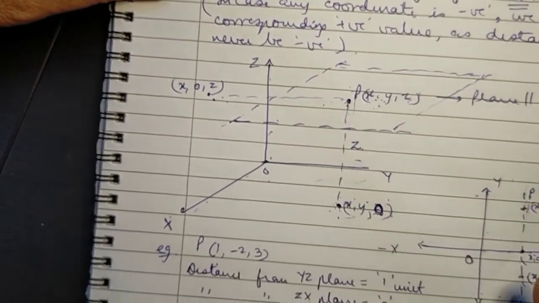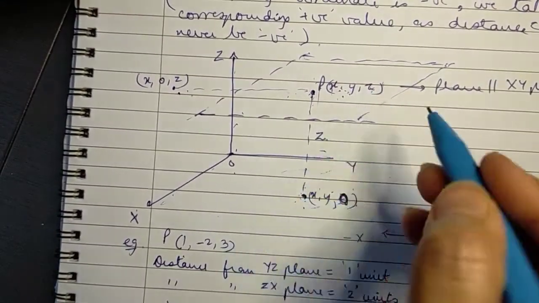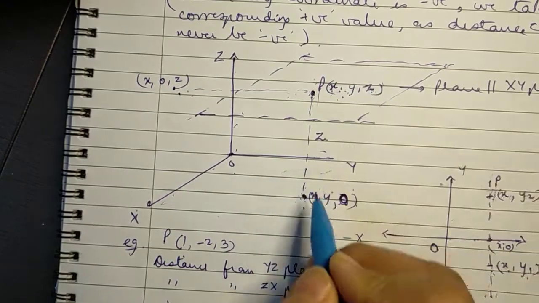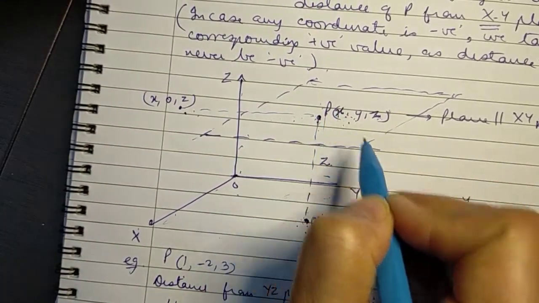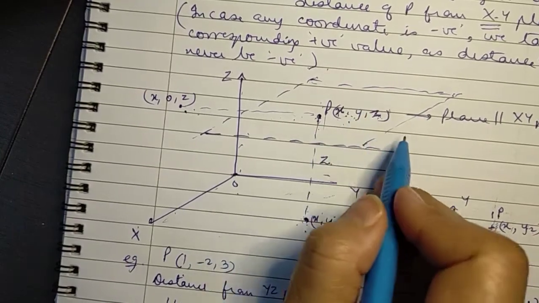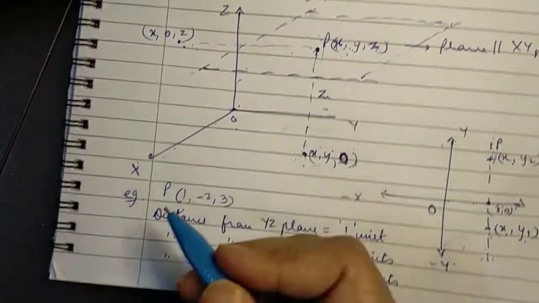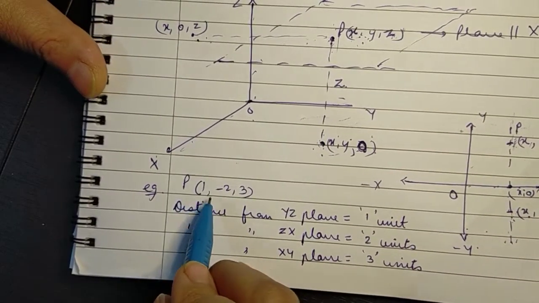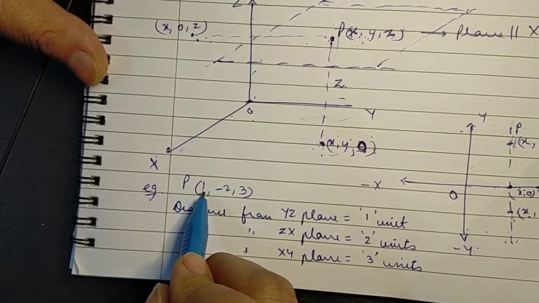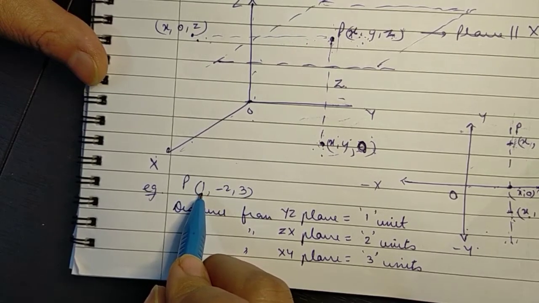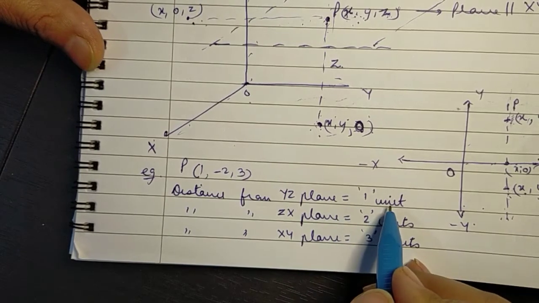Now another point to be noted here is that sometimes the coordinates may be positive, sometimes they may be negative. Then care should be taken that we just take the magnitude and not the sign, because distance can never be negative. So for example, if the point is (1, -2, 3), the x coordinate gives us the distance from the yz plane, which is 1 unit.